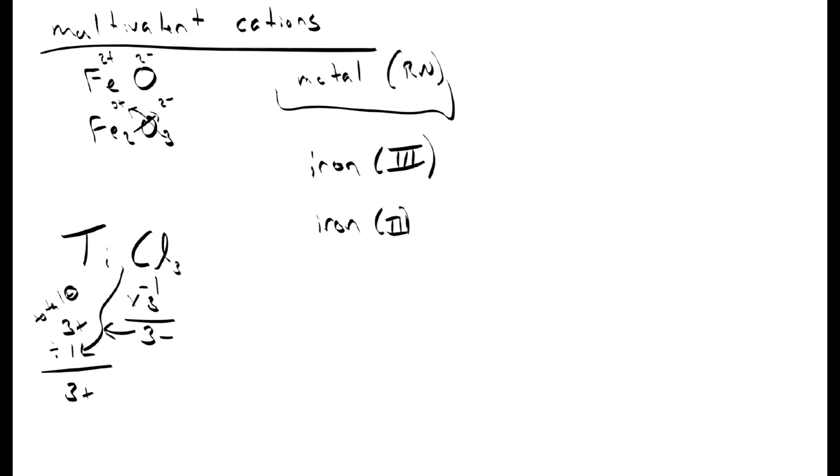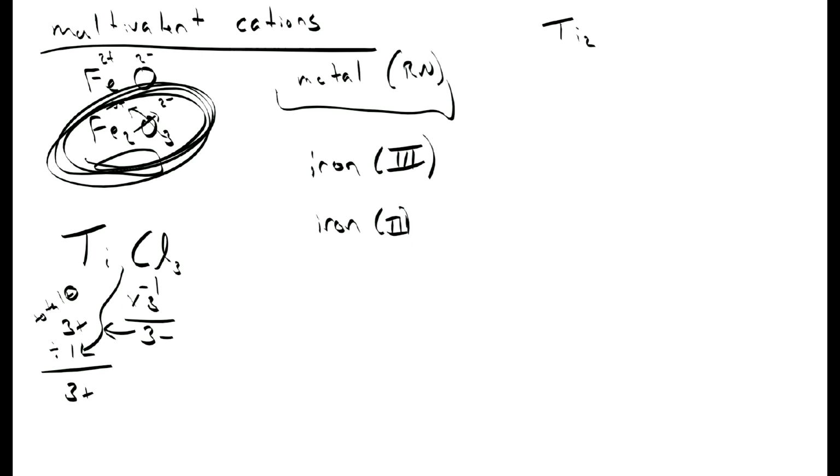Okay, in this case, it was fairly obvious. The reason I'm emphasizing the math here is because you can't really do this all the time. You can't just reverse cross the streams, okay, because you have to reduce the ratio. So, for example, Ti2C, if you crossed the streams, you would be tempted to think it's titanium 1+ and carbon 2-, but that's wrong, because carbon takes a 4- charge when it goes as an anion.